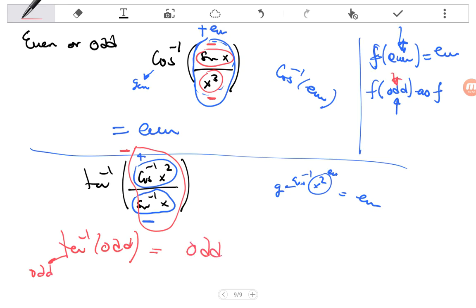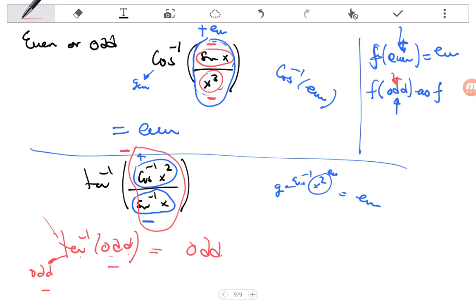So whenever the outside function is odd, the result will be as f, the outside function. Remember that tan inverse of odd is not a multiplication of functions. No one says to me that this is odd times odd. No, this is not times. This is composition of functions.